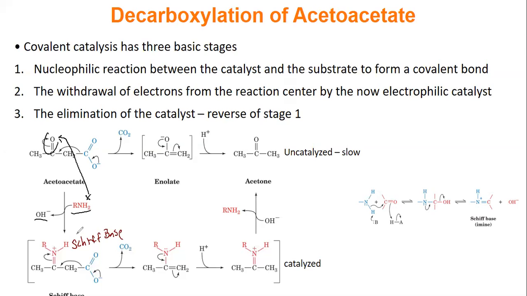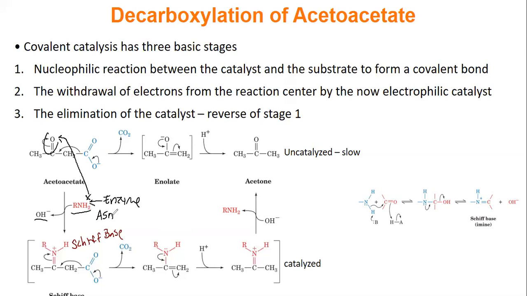And now you have made a covalent bond. You can think of this red as an enzyme, right? That R group could be the rest of your enzyme, and the nitrogen is just the group that's doing chemistry. So maybe this is like an asparagine amino acid that's doing this chemistry, for example.